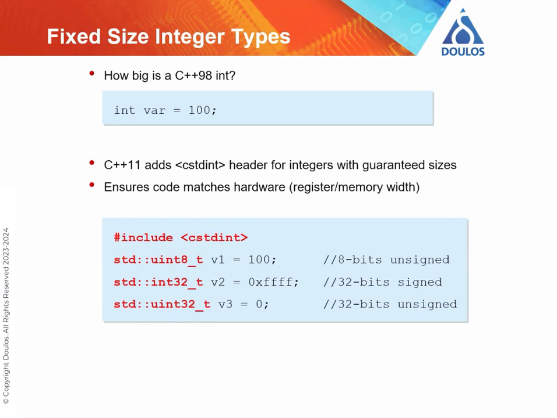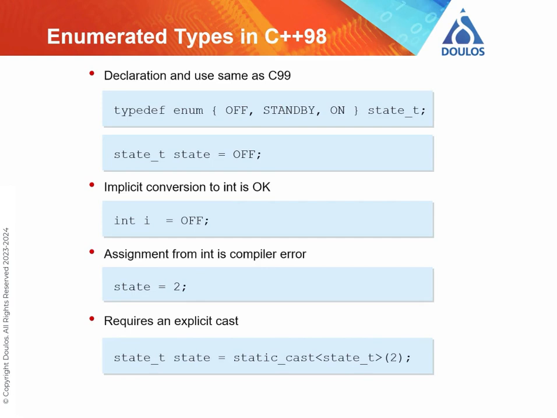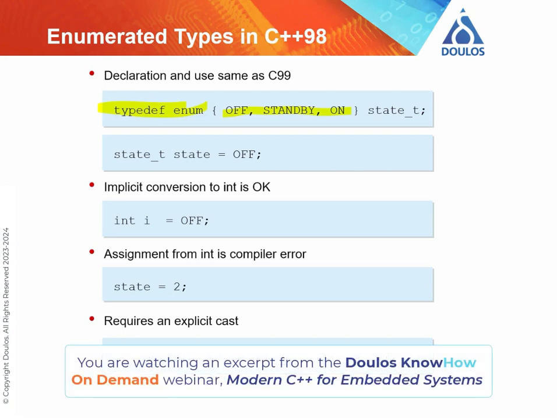Enumerated types are another common feature in lots of embedded systems, and the declaration and use overlaps what we have in C as well. So generally, when you've got an enumerated type, we recommend using a typedef, which then declares the enumerations, and these are essentially just integer constants, which have a name which in the worst case could extend throughout the whole of your program if they've got global scope.